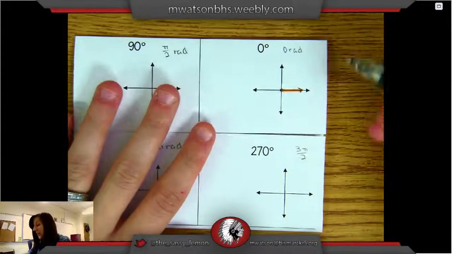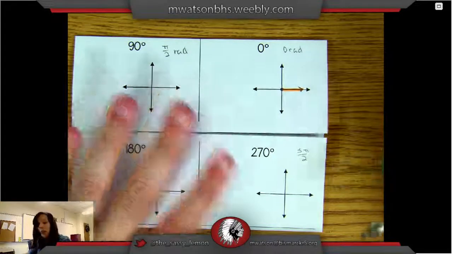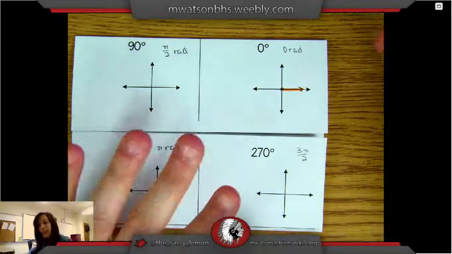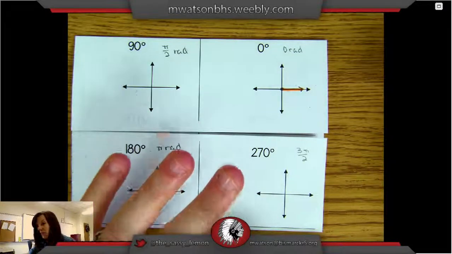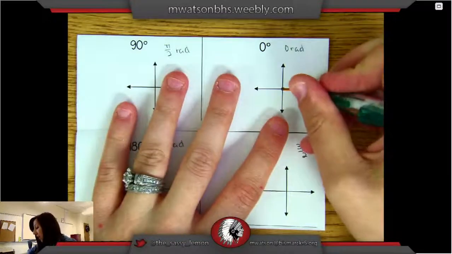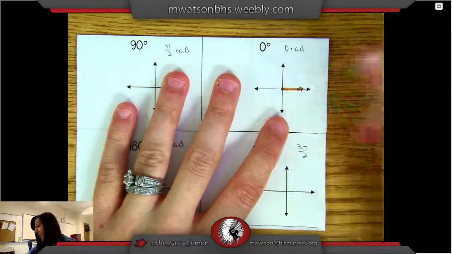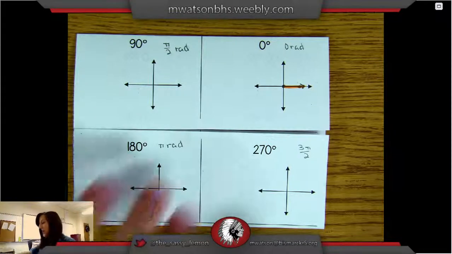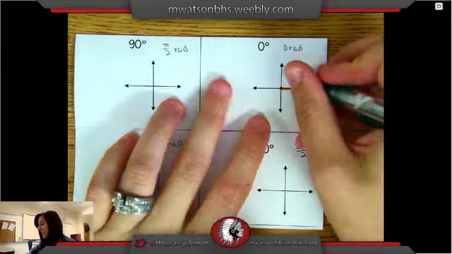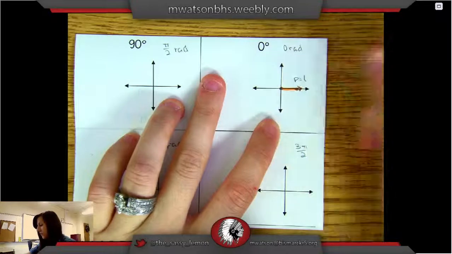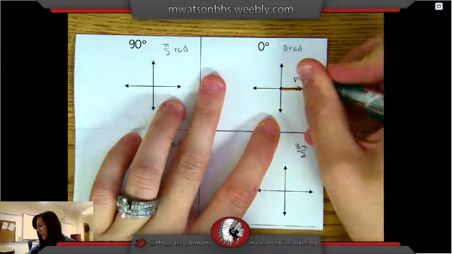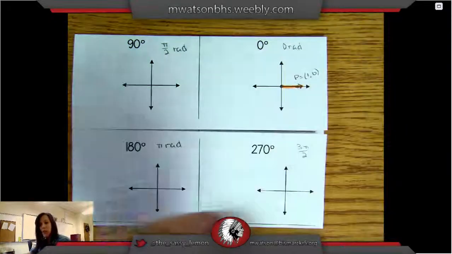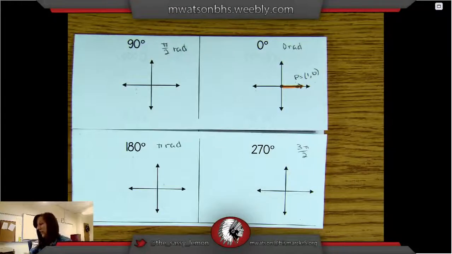Now, in order to find the trig ratios, we've always needed a point. In that last example, we needed a point (x, y). So I'm just going to pick an arbitrary point on my terminal side. Remember, my terminal side's on my initial side. So I'm just going to choose the point (1, 0), just 1 unit away from the origin.